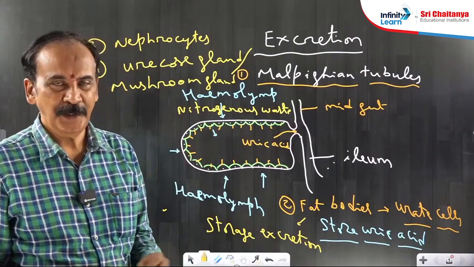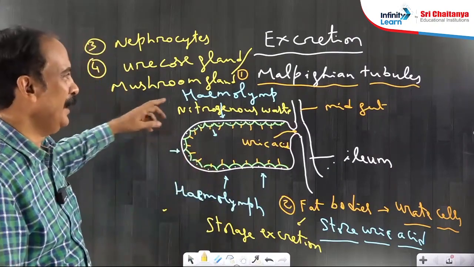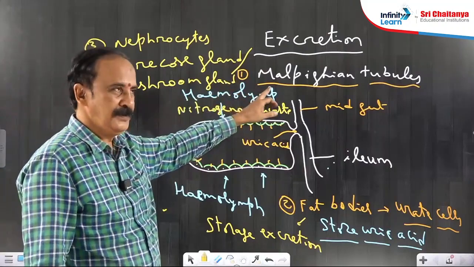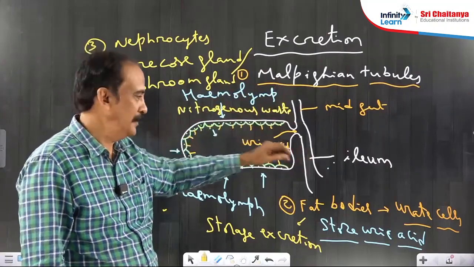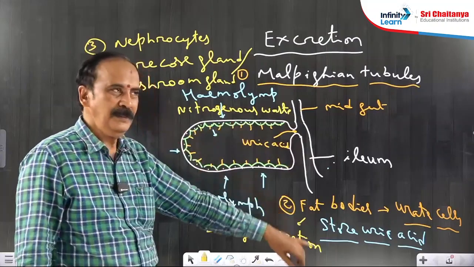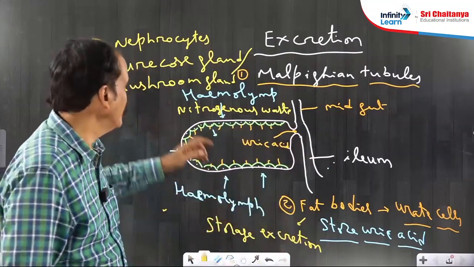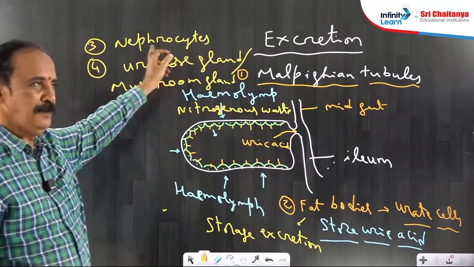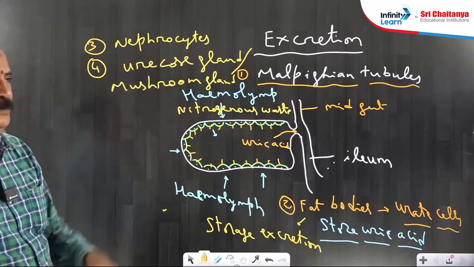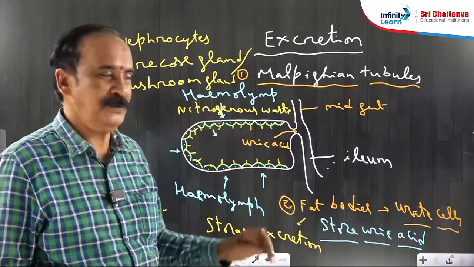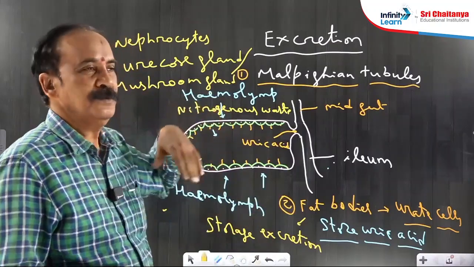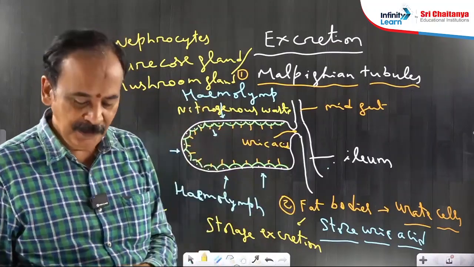Okay. So, excretion in cockroach is helped by Malpighian tubules, right, that will be releasing the waste material into the ileum. Then fat bodies will carry out storage excretion. Nephrocytes also will be helping in excretion, and uricose glands, the glands which are present in male cockroach, will be carrying out the storing of this waste material.